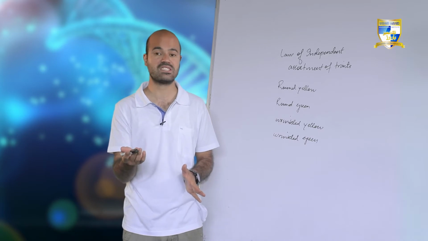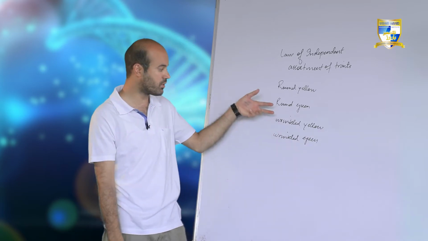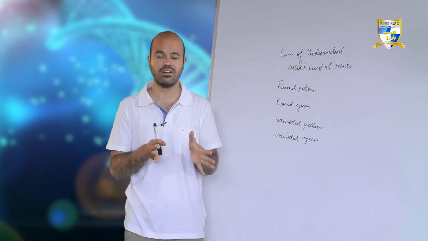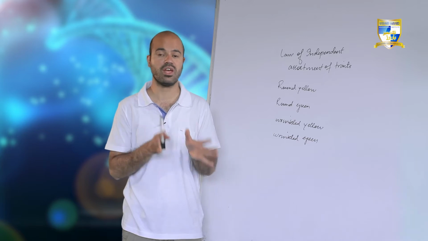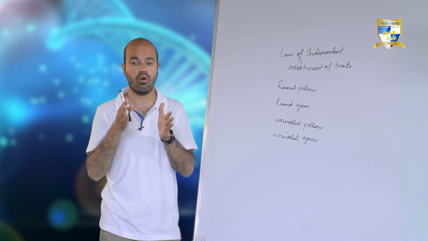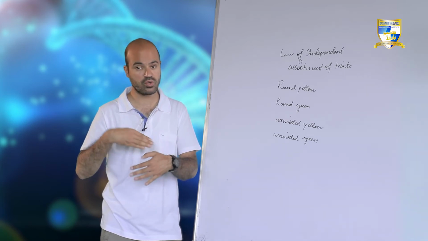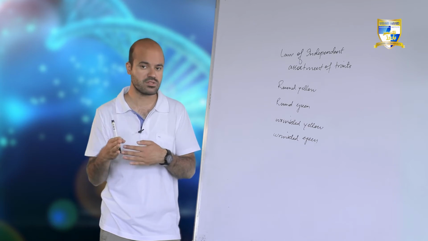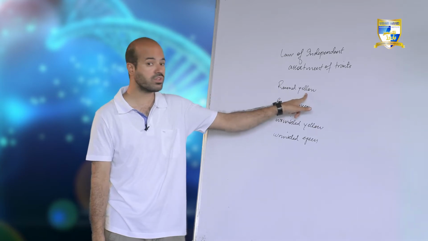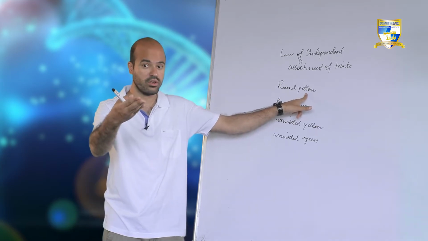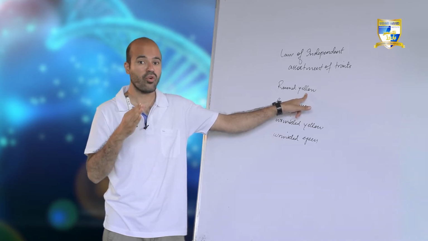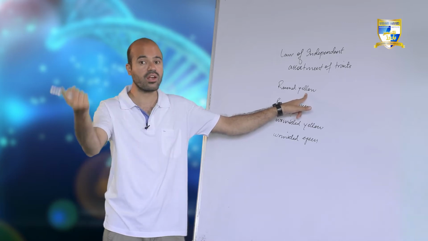Both of these combinations are new, and this forms the basis for the law of independent assortment of traits, which states that no trait or character is dependent upon another trait or character for moving from one generation to another. That means the round trait is not always dependent on the yellow character for inheritance, that is, for moving from one generation to another.